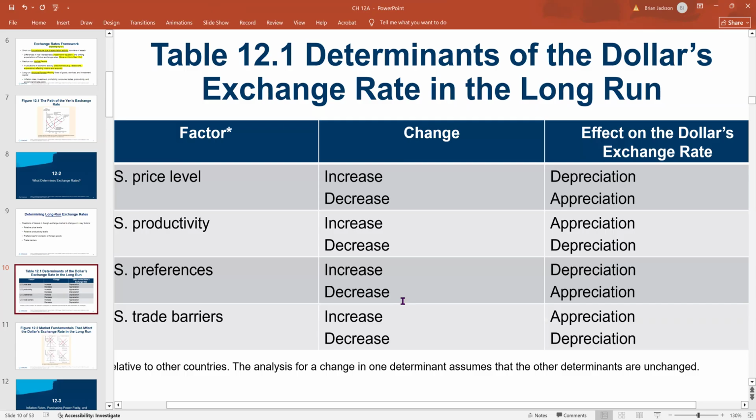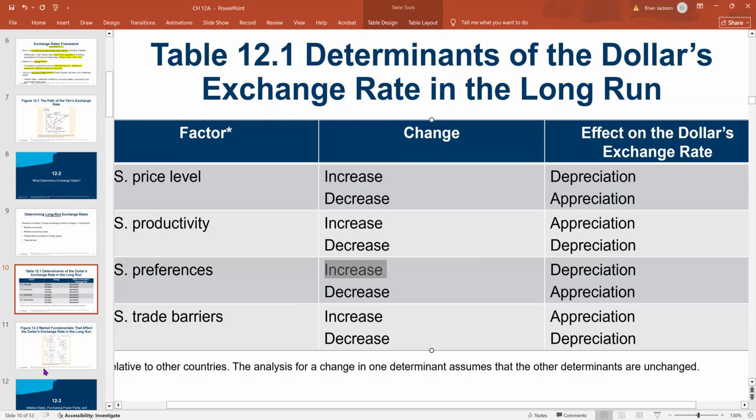Okay, how about preferences here? So suppose United States consumers have stronger preferences for U.S. goods. So there's an increase. I'm sorry, UK goods. This is the way your book wrote this. I would have done this one a little differently, but suppose there's an increase in the demand for UK goods, for British goods.